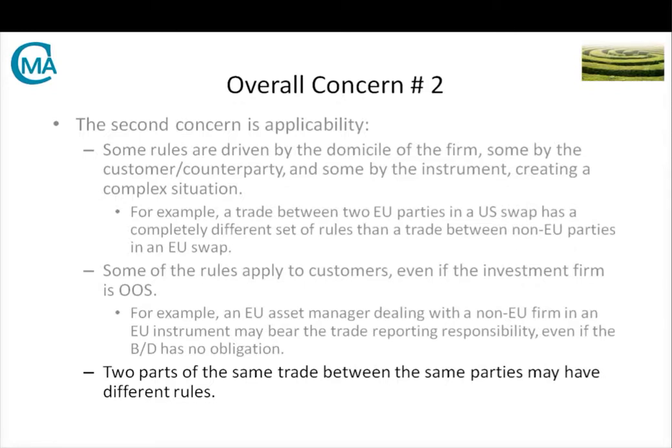And if we looked at a transaction that had two components to it, for example, let's say we had a fixed income trade that's US based and a swap that is EU based. So one set of rules applies to the securities transaction, another set of rules applies to the swap transaction.